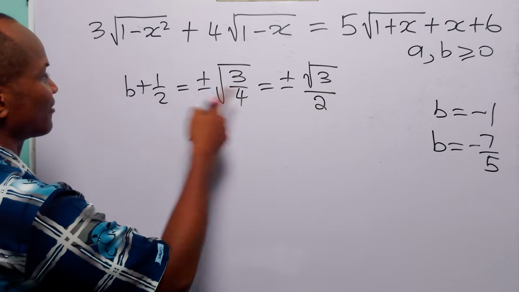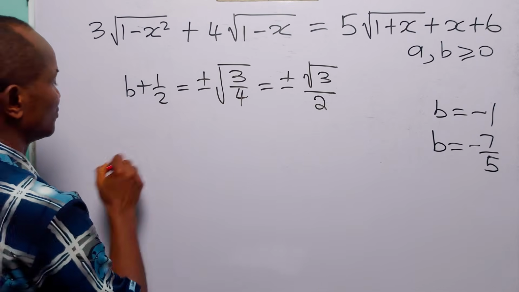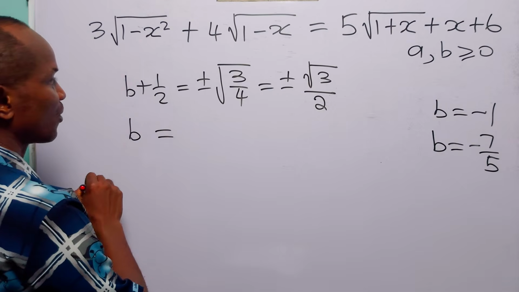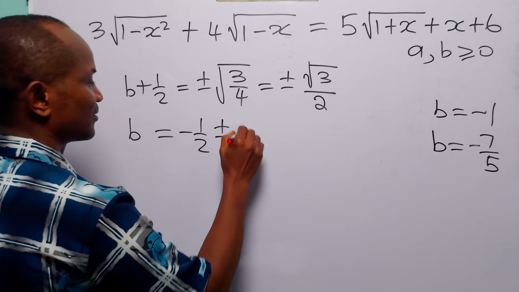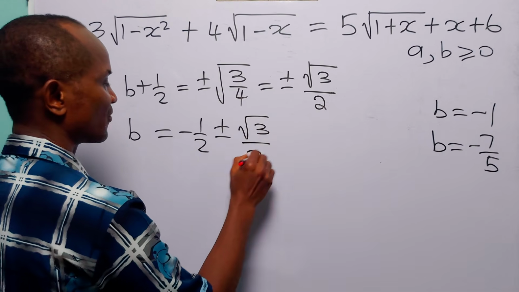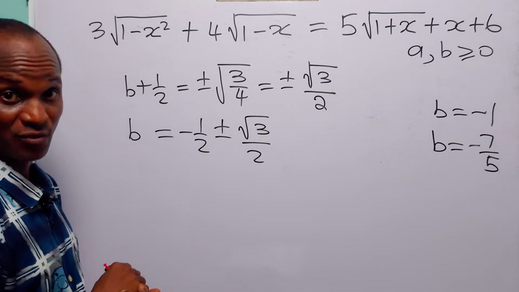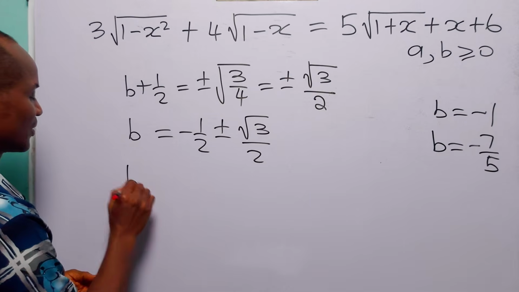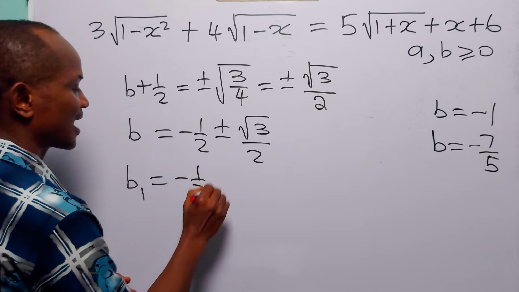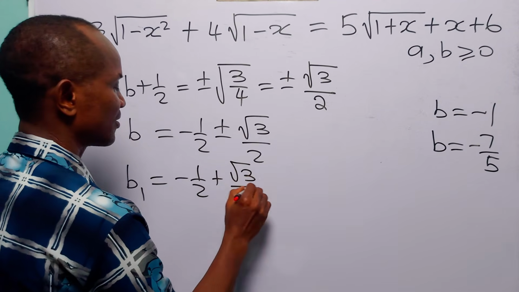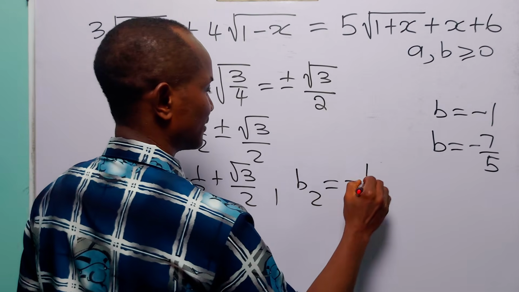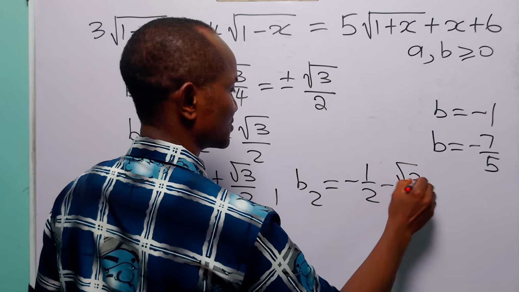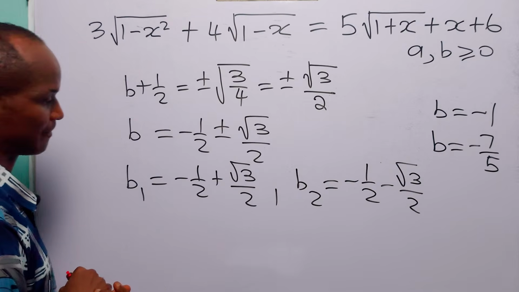And subtracting half from both sides of this equation, we have that b is equal to minus half plus or minus root 3 over 2. Now we have two values of b. We have b equals minus half plus root 3 over 2. And we have b equals minus half minus root 3 over 2.